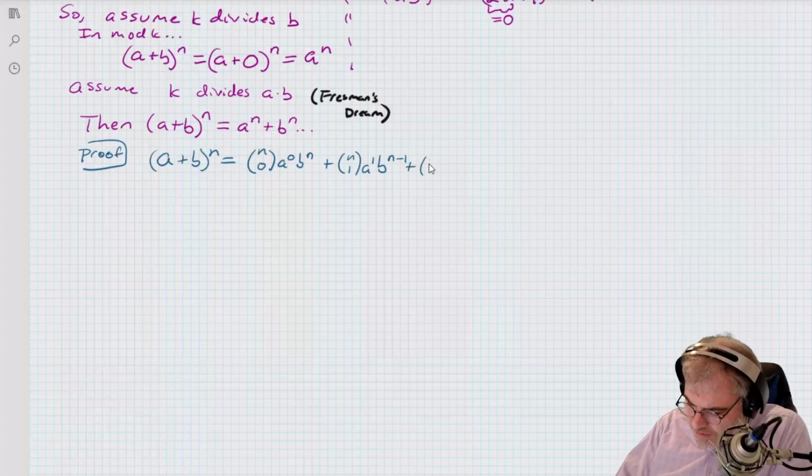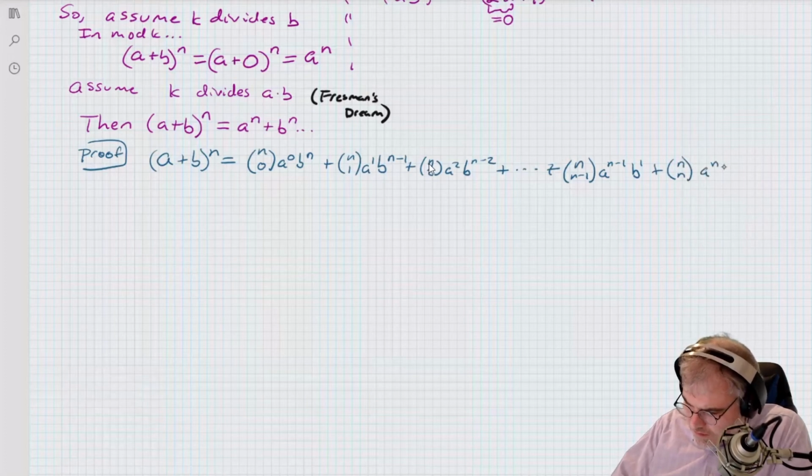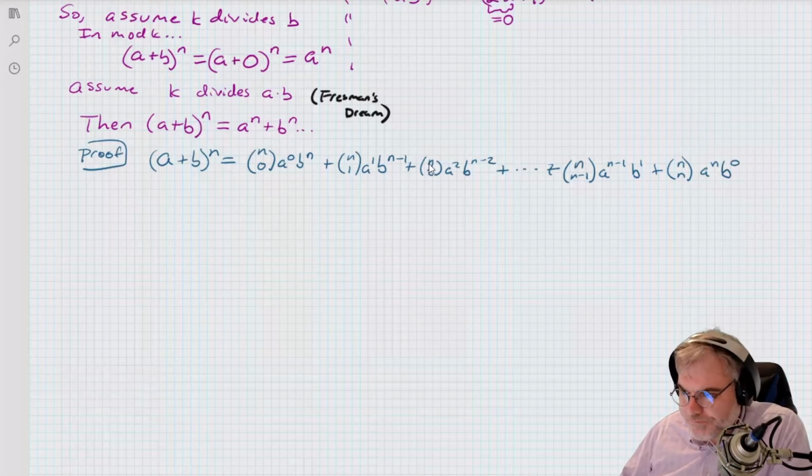Plus n choose 2, A squared, B to the n minus 2, plus dot, dot, dot, plus n choose n minus 1, A to the n minus 1, B to the first, plus n choose n, A to the n, B to the 0. Okay?